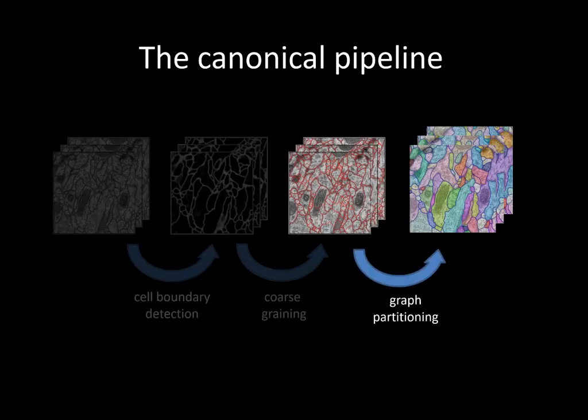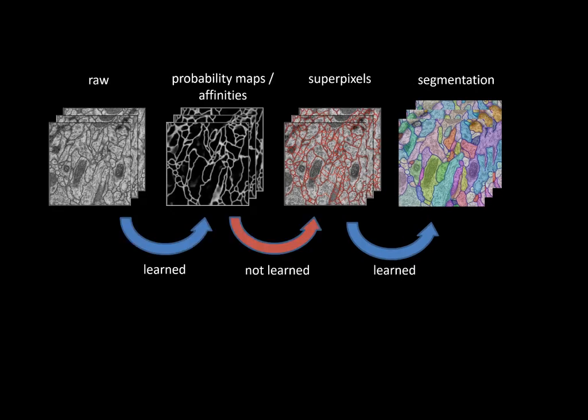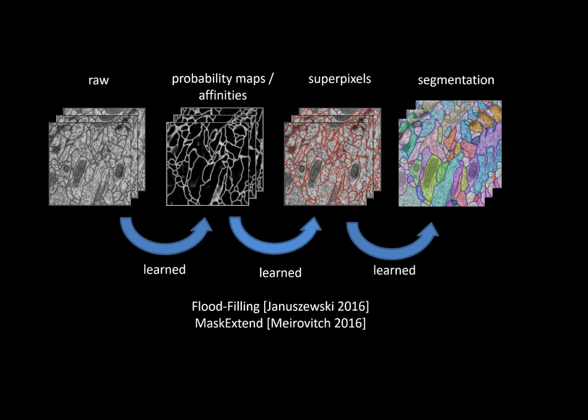We use a lot of machine learning there. But until not long ago, this step of coarse graining in the middle was not learned. And then there were 2 papers in 2016 that proposed the first differentiable algorithms, so that the entire pipeline could be trained end-to-end rather than just the individual pieces alone.